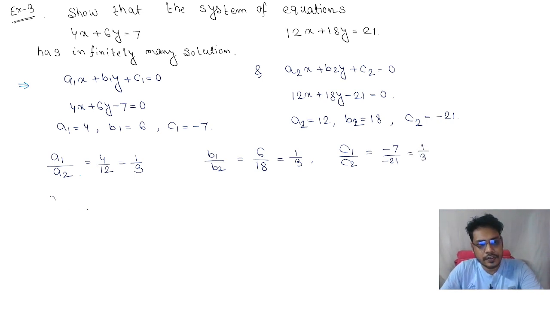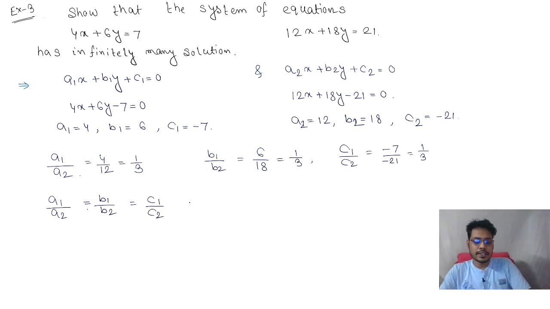That means a1 by a2, b1 by b2, and c1 by c2 are equal.